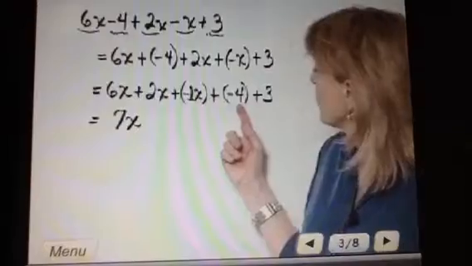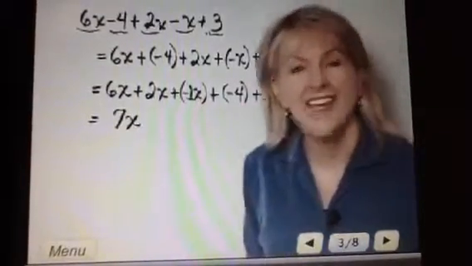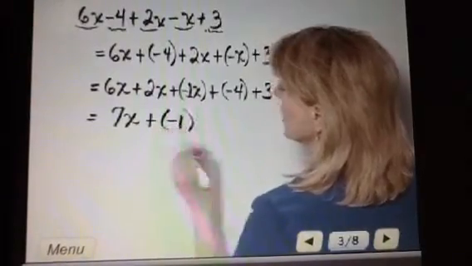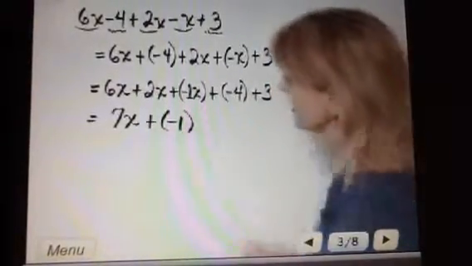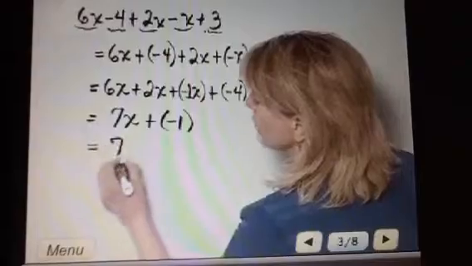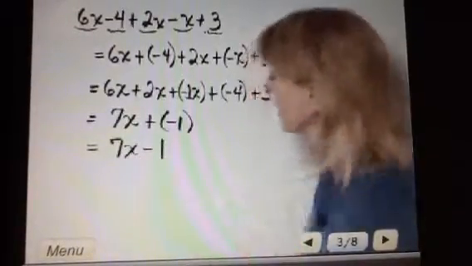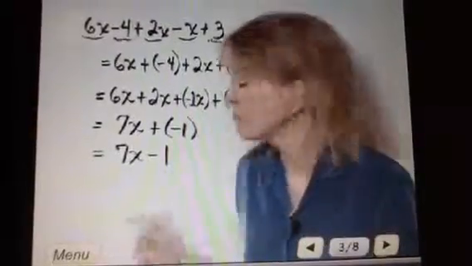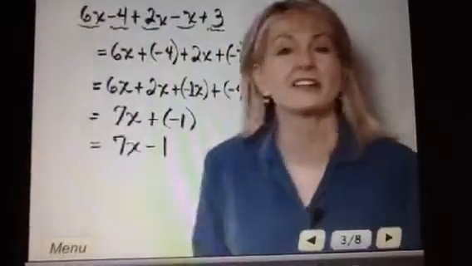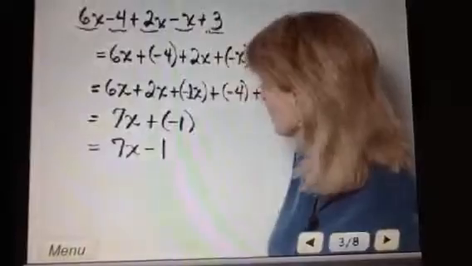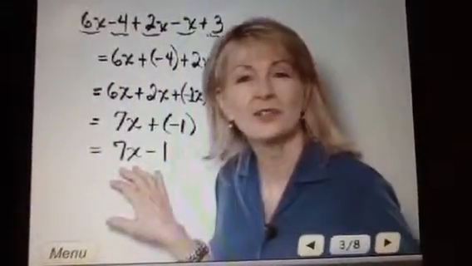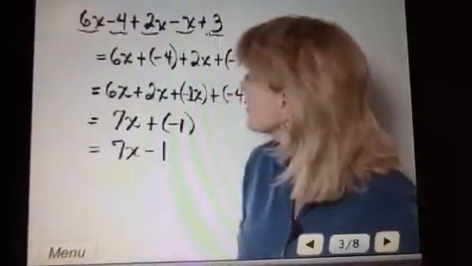And then what do we have for negative 4 plus 3? Negative 4 plus 3 is negative 1. So you can write it as this, or you can write it as 7x minus 1. Either way is okay. Just remember, we can go no further because those are unlike terms. Simplified then, this simplifies to 7x minus 1.